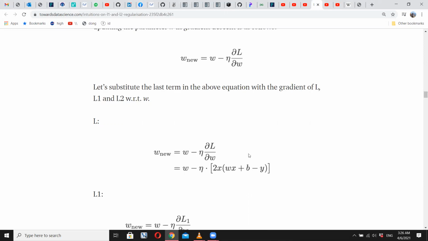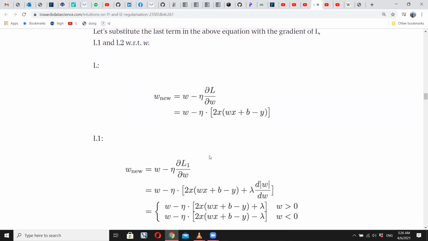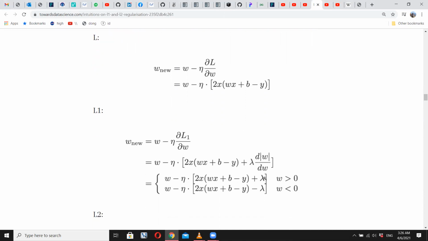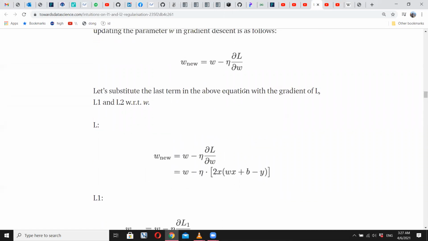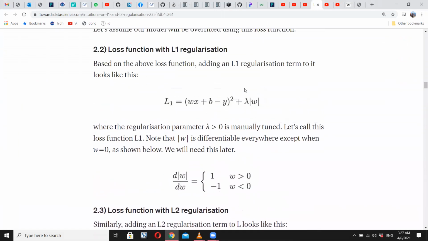Now this is simple linear regression, right? But if we use L1 penalization, or let's say lasso regression, and you have this function and you calculate the derivative of this function with respect to W, what you'll get is 2 multiplied by this multiplied by x, plus lambda multiplied by this.